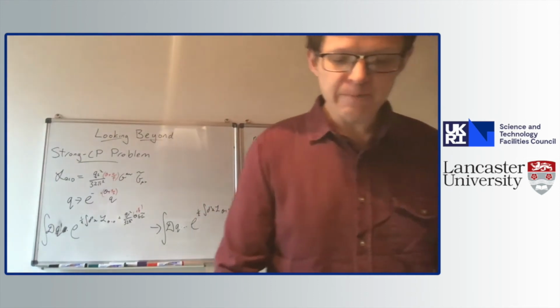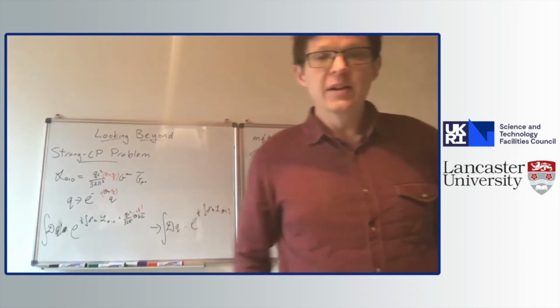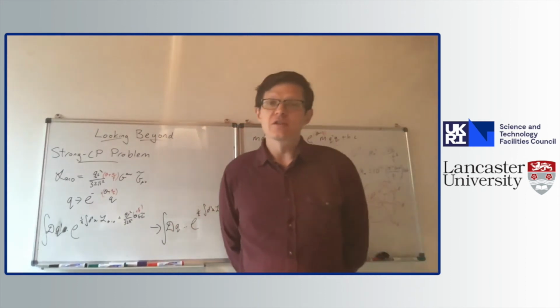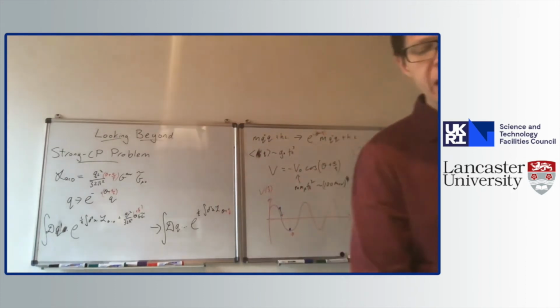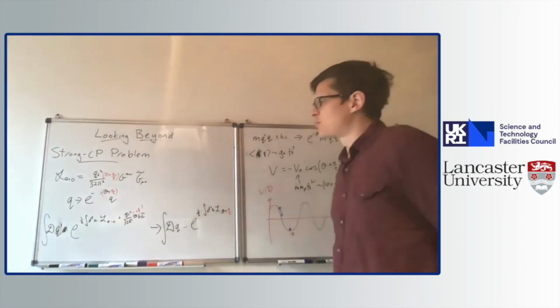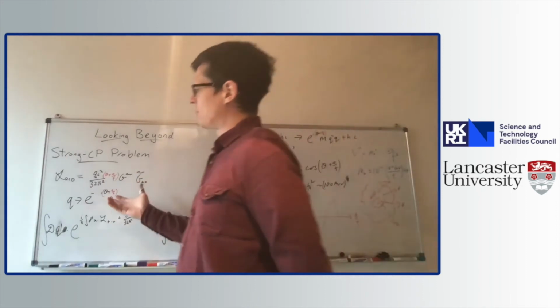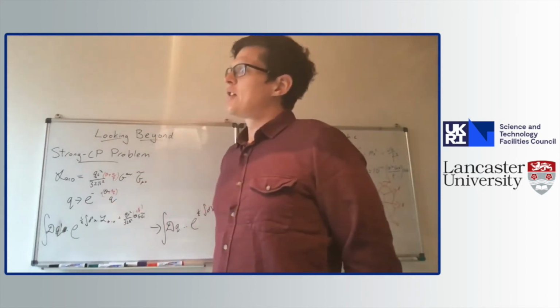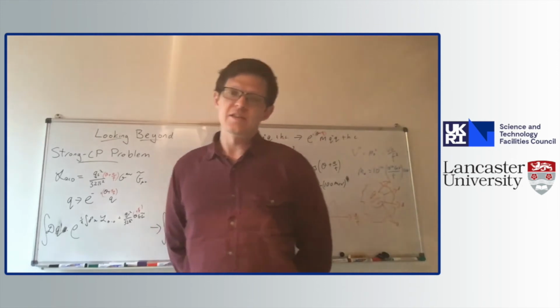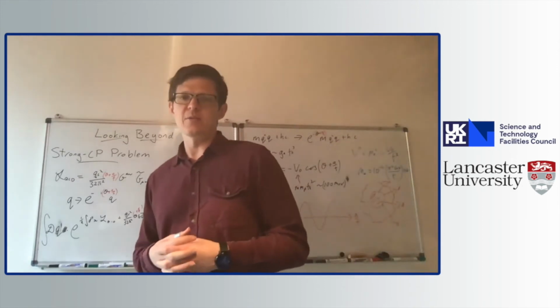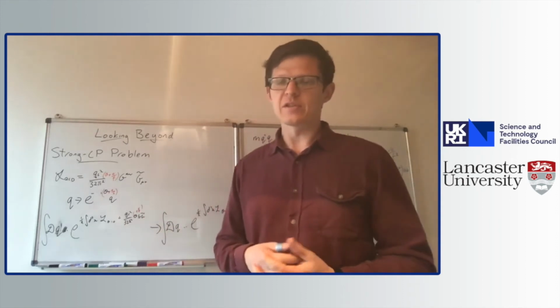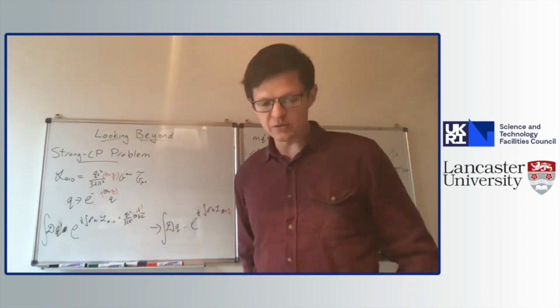So that was one example where we started to look beyond the standard model, and it used an observation about the structure of the standard model that cannot be explained within the standard model itself. The standard model can't answer why its own parameters take the values that they do. You have to look beyond to answer those questions.